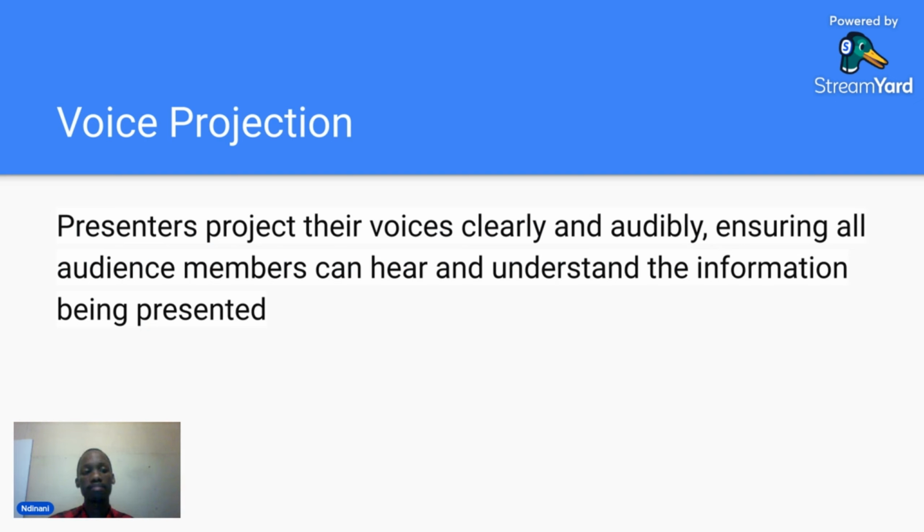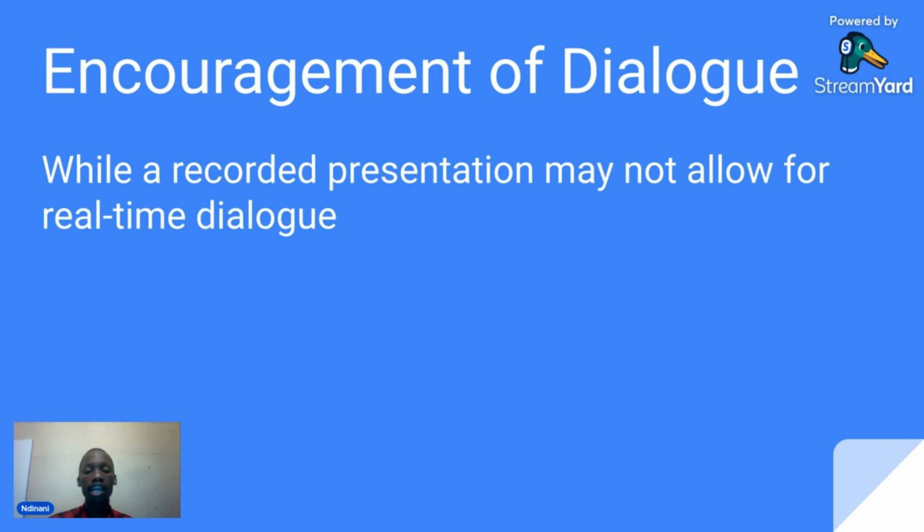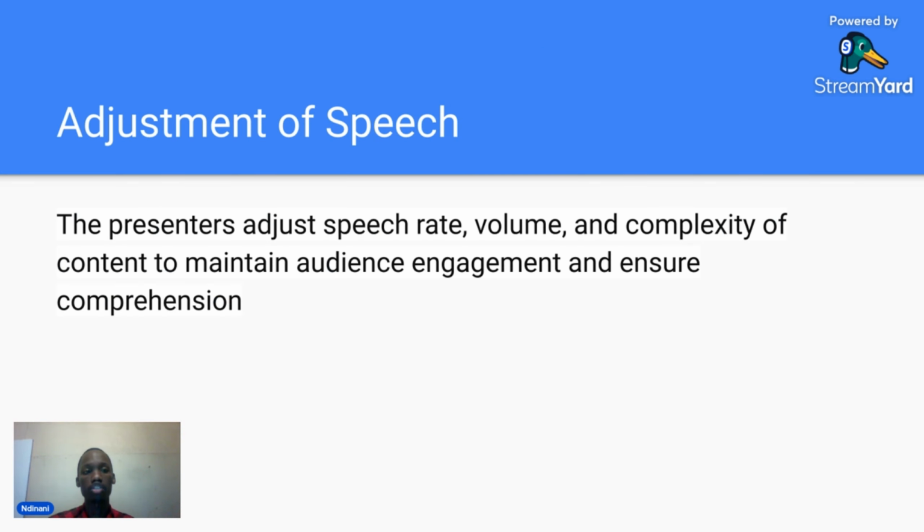Voice projection. Presenter projects their voice clearly and audibly, ensuring all audience members can hear and understand the information being presented. Encouragement of dialogue. Because this is a recorded presentation, there is no real-time dialogue. Adjustments of speech.